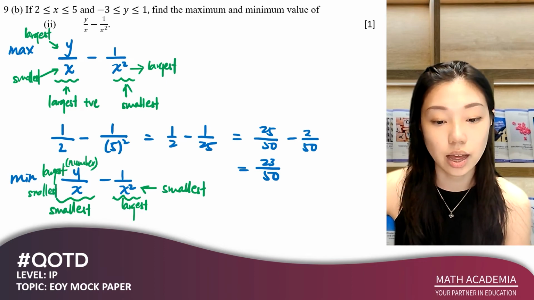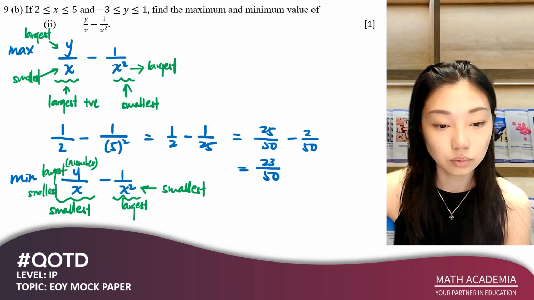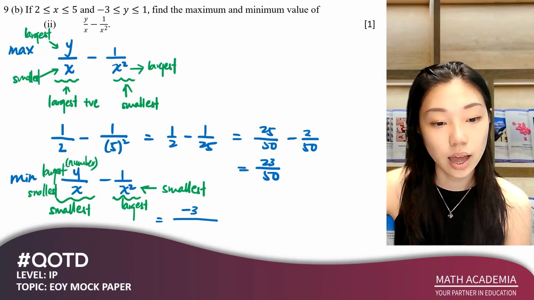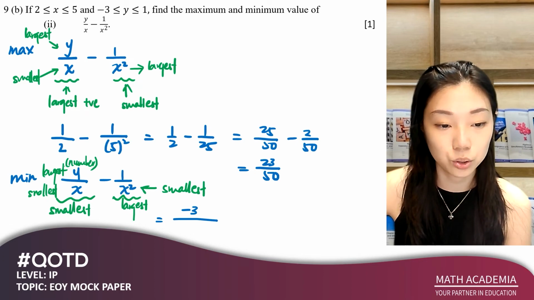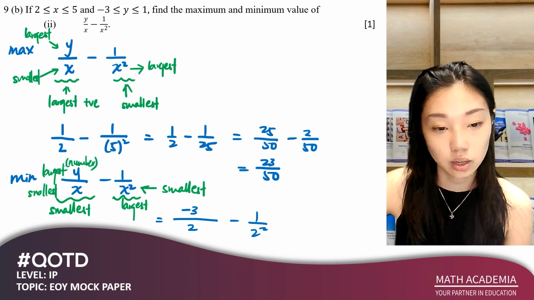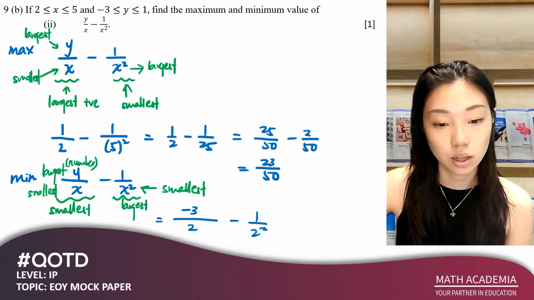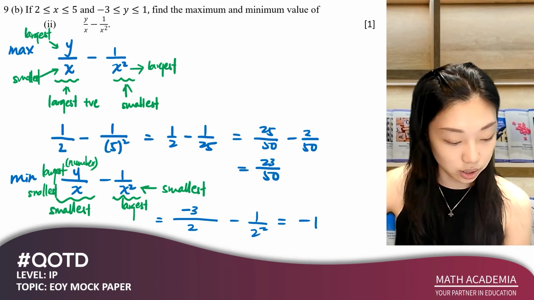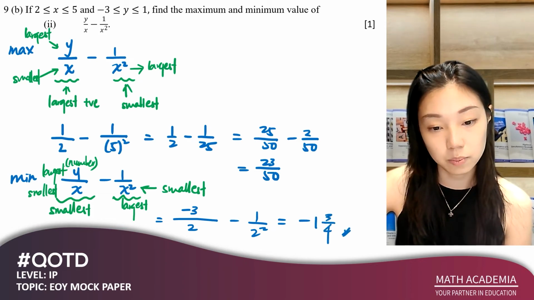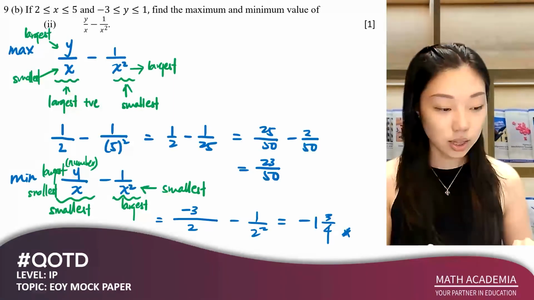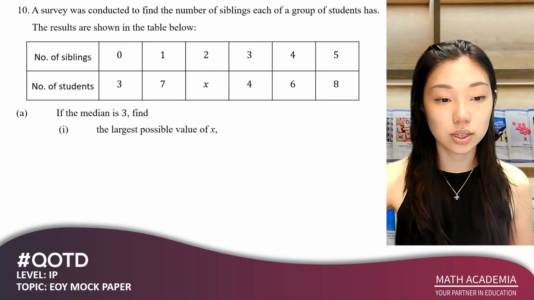So in this case, I would choose negative 3 for my y, and for my x, of course, I would choose 2. Negative 3 over 2 squared, and that should give me negative 1 and 3 over 4, which is my answer for question 9, part B, part 2. Next, let's look at question 10.